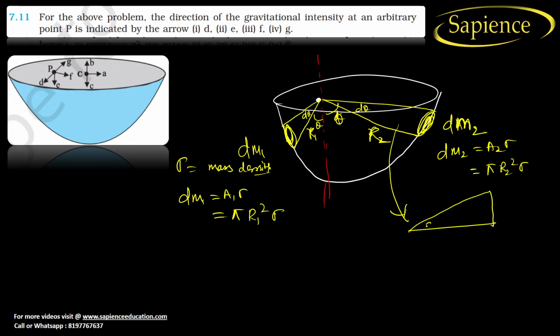Now if I consider this cone as a triangle, because it is approximately a small angle theta, so if we consider this as d theta, and this as a radius r2, and this length is dr2. This is your dr2.